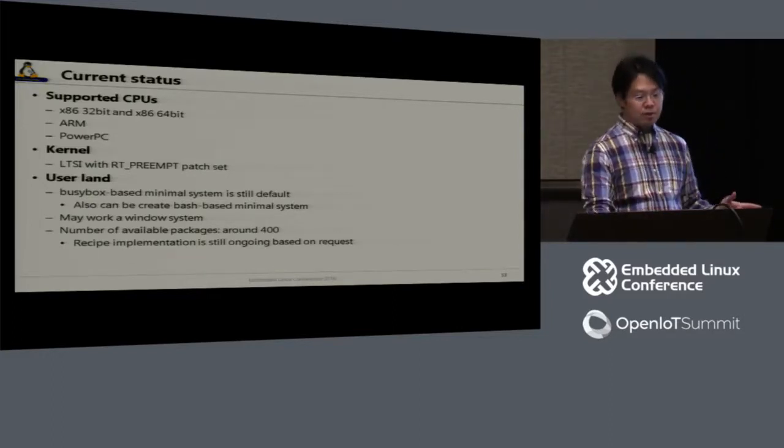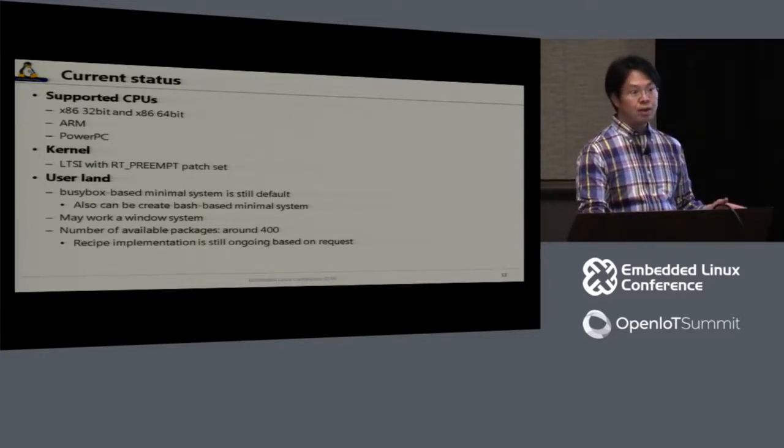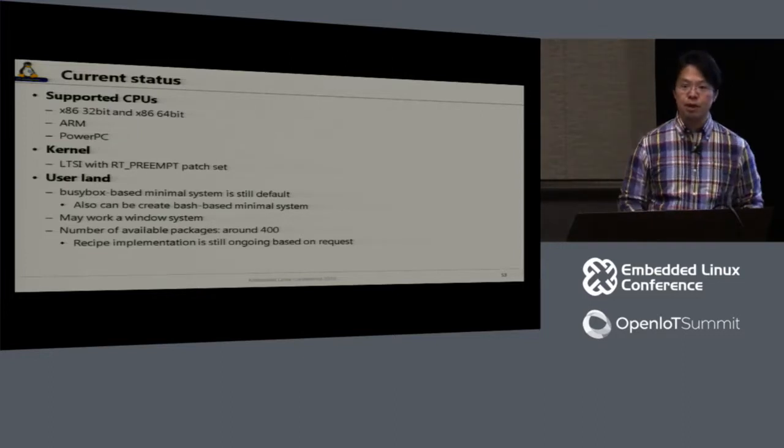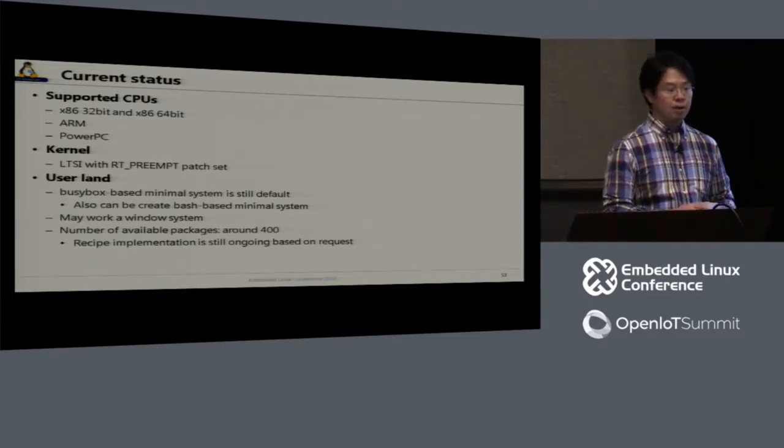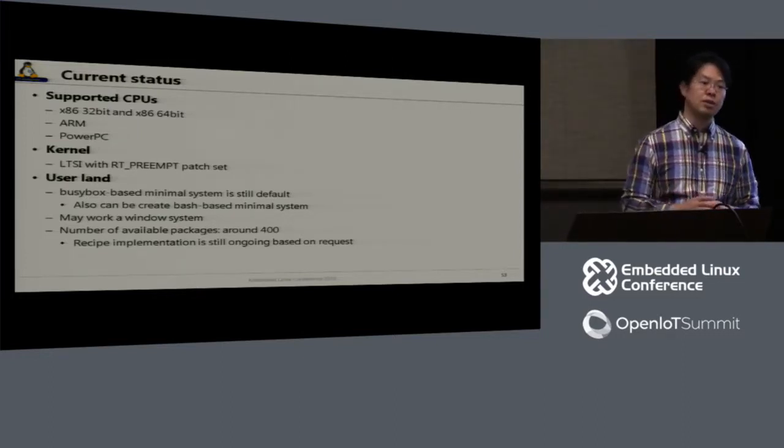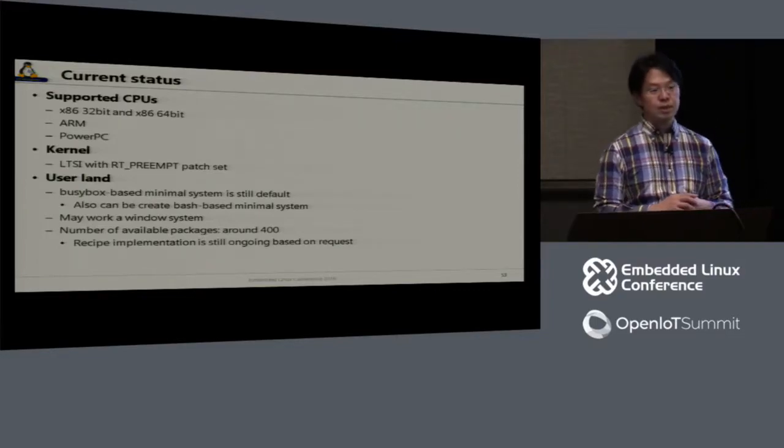We are using an LTSI-based kernel with the preempt RT patch, because most of our use cases are for controllers, which require real-time performance. For user space, a BusyBox-based minimal system is still the default, but we are also able to use systemd and a bash-based environment.